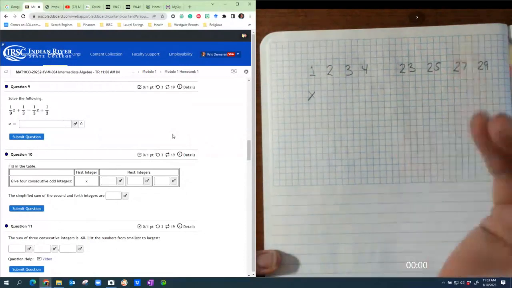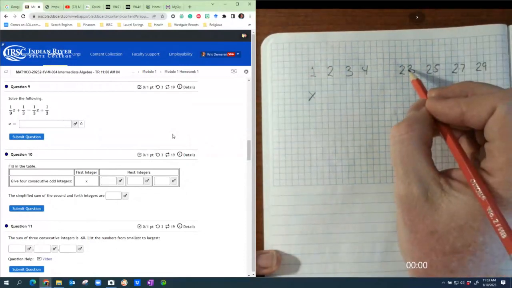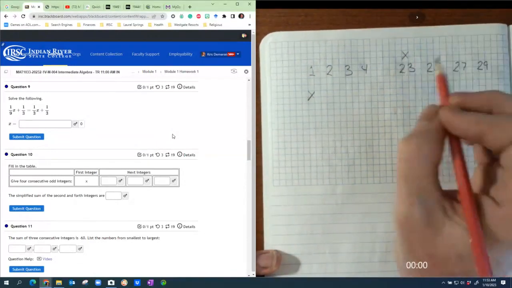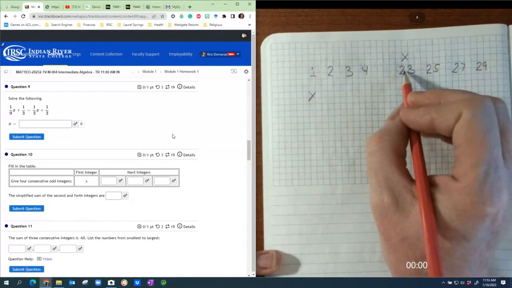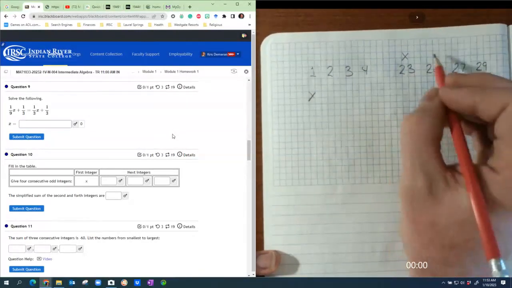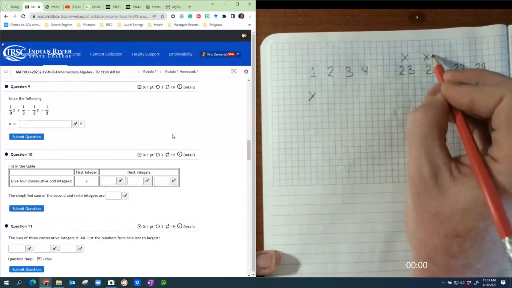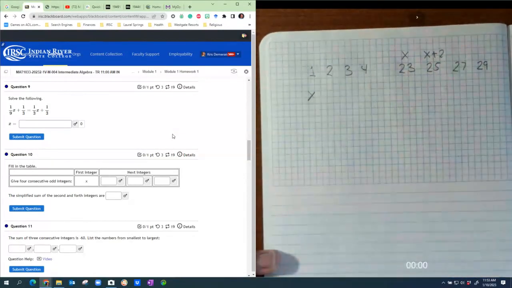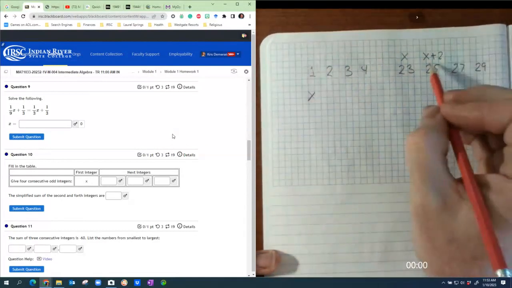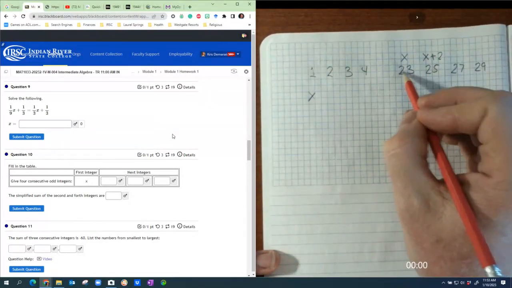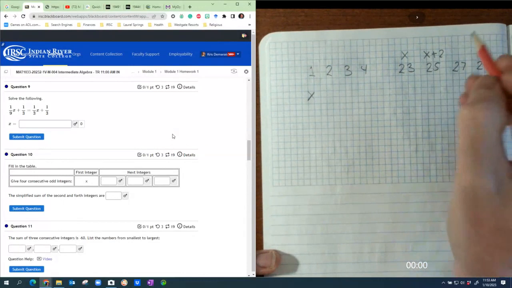So what is actually happening? If I gave this value x, and it doesn't matter what the value is, to get to 25, I would have to take that x value, whatever this is, and add 2 to it to get to the next one, right? Because 2 plus 23 is 25.